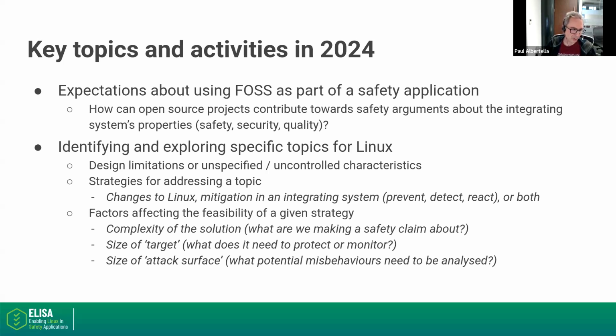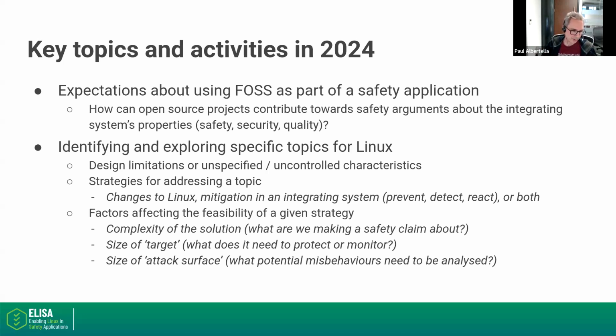And there are some important factors to consider when you're thinking about the feasibility of a given strategy. I've already talked about one, which is that getting the Linux kernel to change to suit what we need is not necessarily going to be feasible. But we're also thinking about if we've got a particular solution that's already part of the kernel.